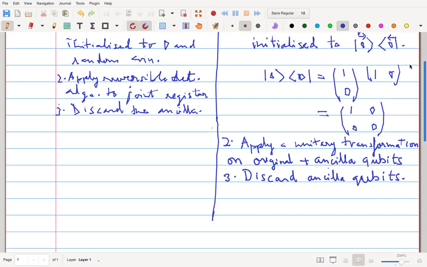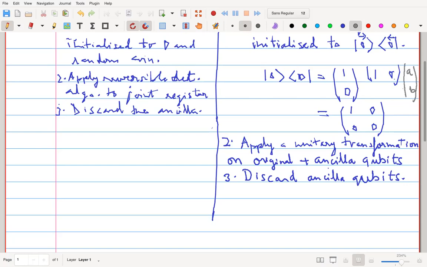If I were to put an input vector v out here, say some vector a comma b, then this row vector times the column vector will give me a scalar, a complex number.